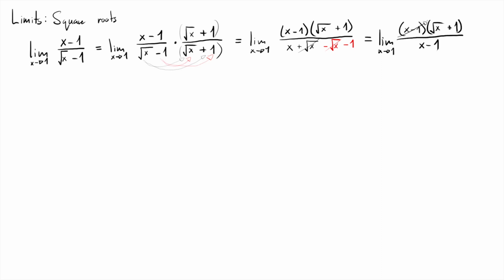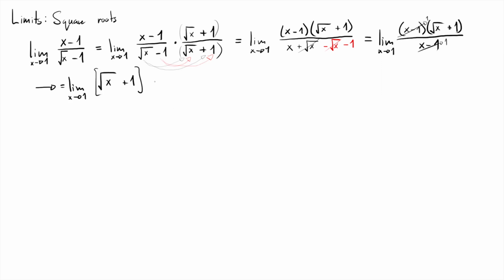This x minus 1 cancels with this x minus 1. And now all we're left with is the limit as x approaches 1 of the square root of x plus 1. And finding this limit, I'm sure you would agree, is extremely easy.